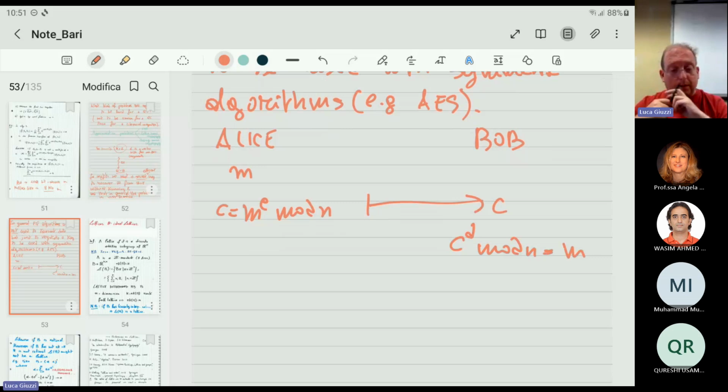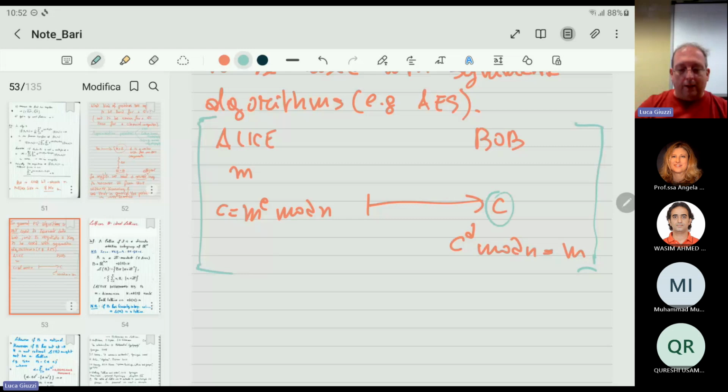But somehow this way to use RSA turns out not to be safe at all, because there is some information you can extract from C if M is not a random element, if there is something which has a semantic meaning.